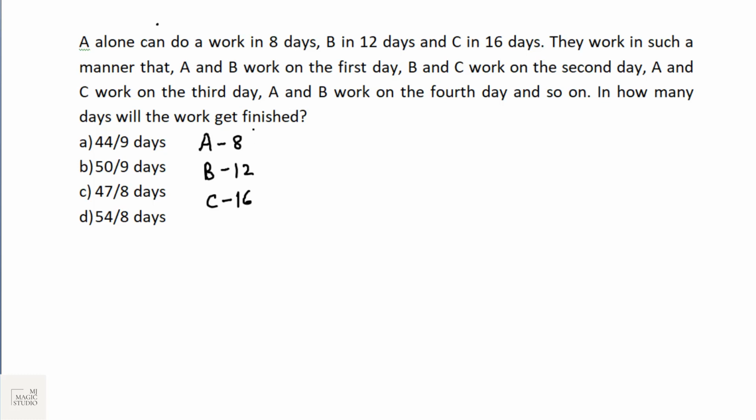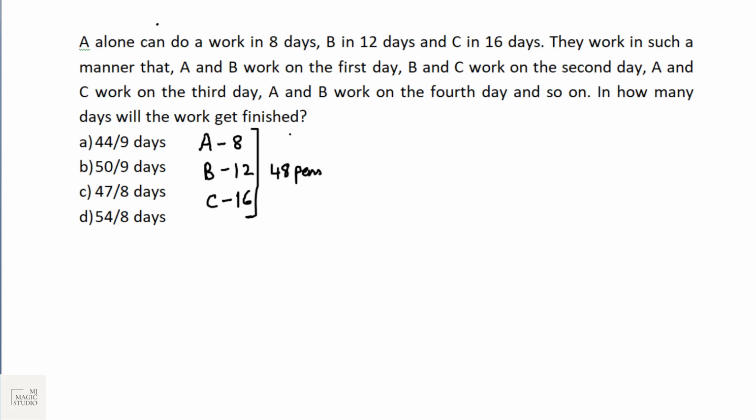To solve these kind of questions, we will always use the CM rule. CM means common multiple rule. First, we will try to identify the common multiple of 8, 12 and 16, or LCM of 8, 12 and 16, that is 48. So they need to produce 48 pens. A can produce 48 pens in 8 hours.